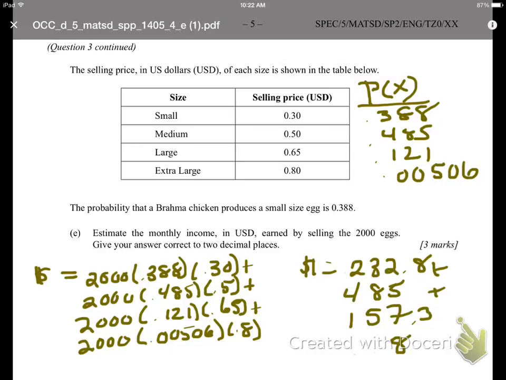Okay, so as you can see, I wrote down the n times the probability times the cost for small, then medium, then large, and then extra large. And then I came over to the other side and wrote down what each of these were worth.